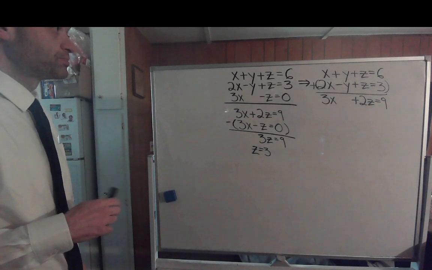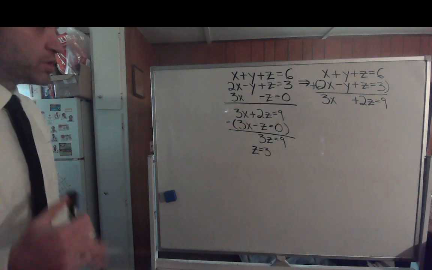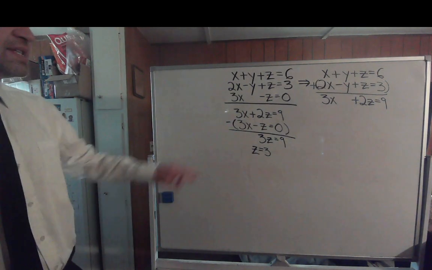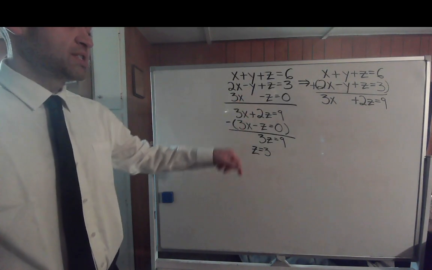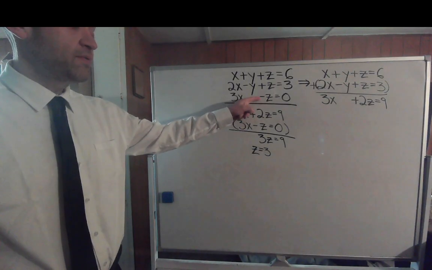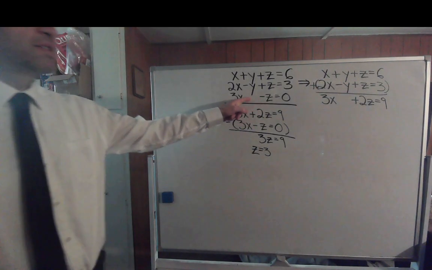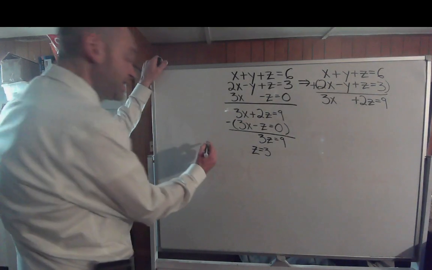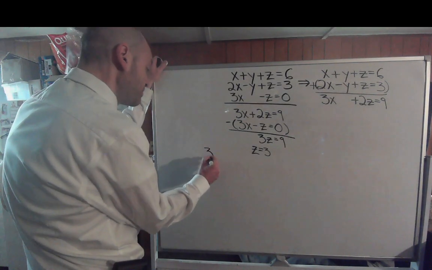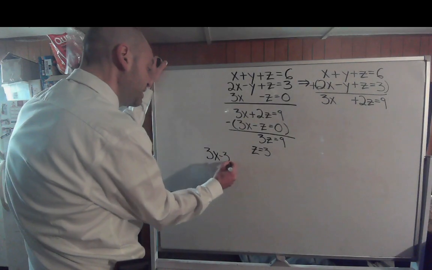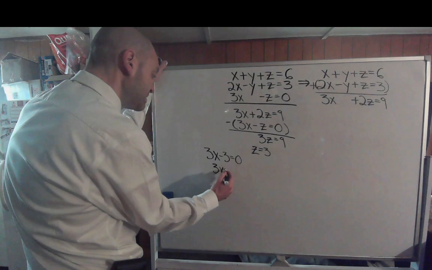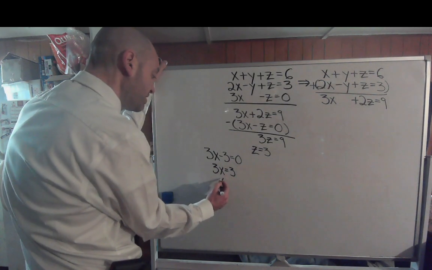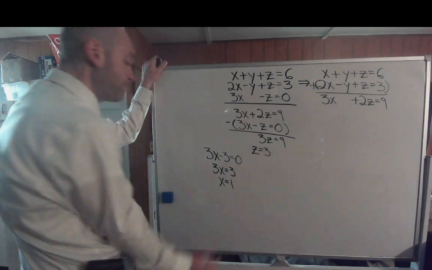Now, what you can do, we see we have 3x minus z in the original equations. If I put that z value of 3 into this third equation, I can solve for x. So 3x minus 3 equals 0, which would give me that 3x equals 3, which would give me that x equals 1.